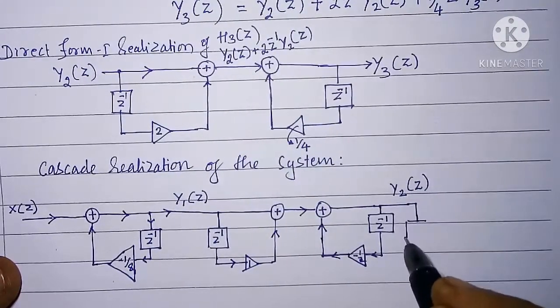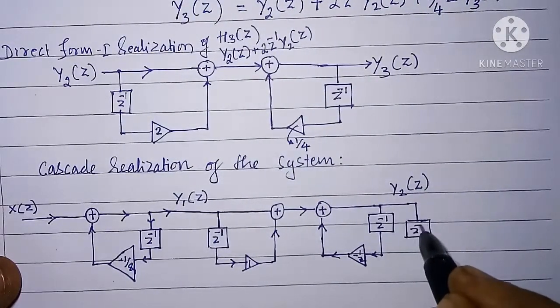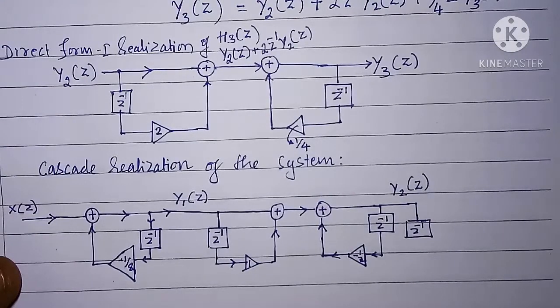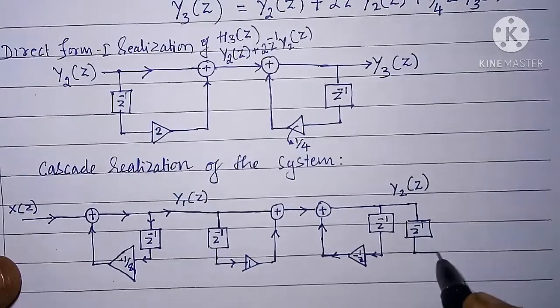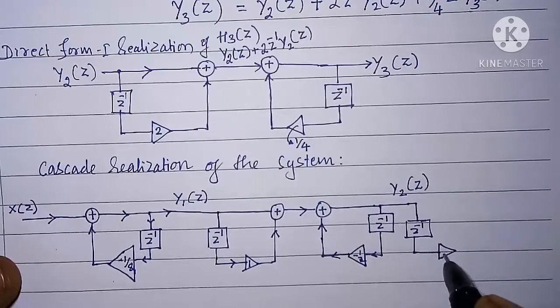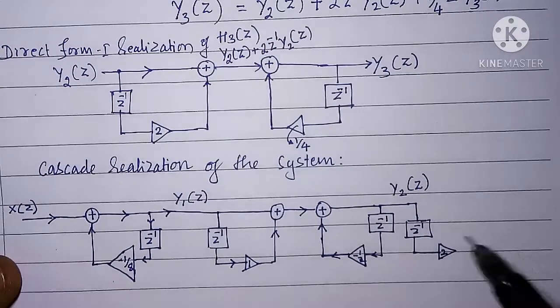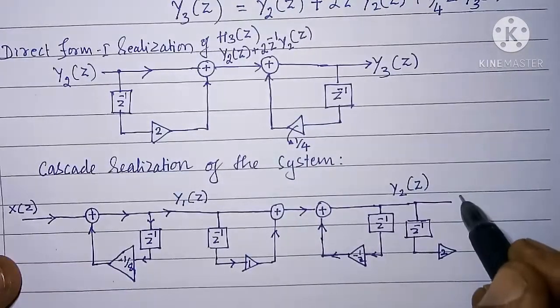So we will have here z raised to minus 1, gain as 2 and one adder here.